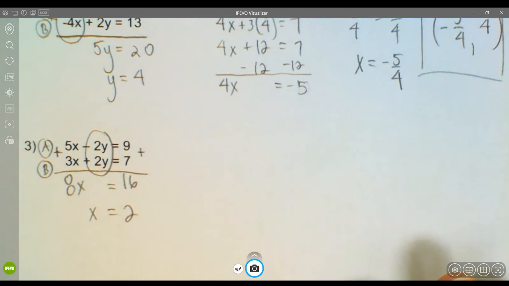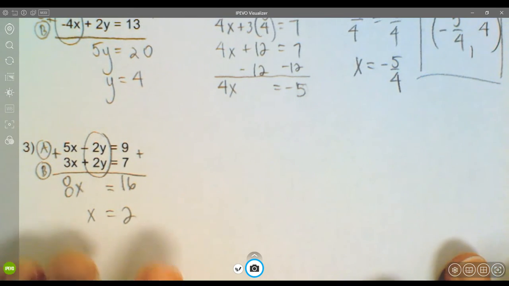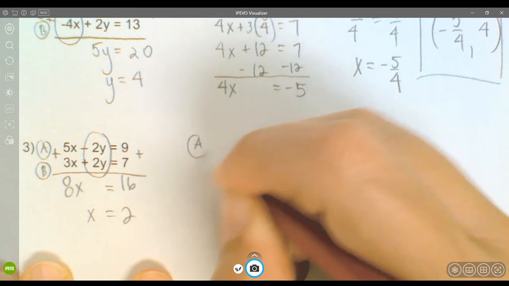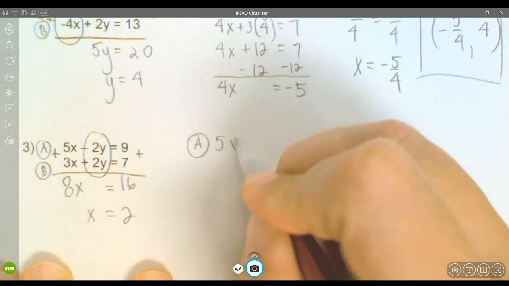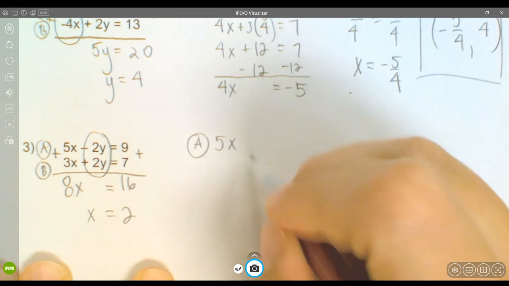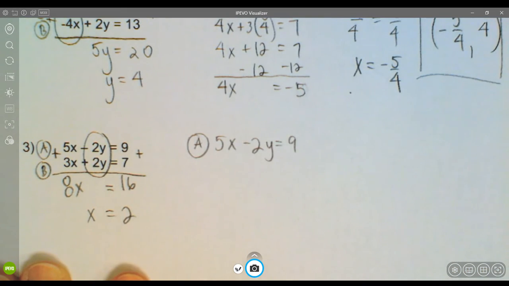And so now we have to find the y value. So I'm going to substitute into equation A. So the equation is 5x minus 2y equals 9. Now, a lot of you would not rewrite the equation, and that's okay. I just do that so that I make sure that I'm substituting into the proper place.